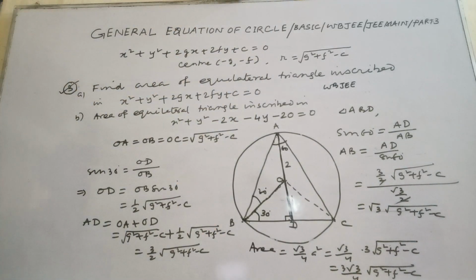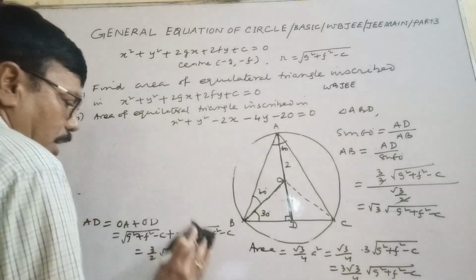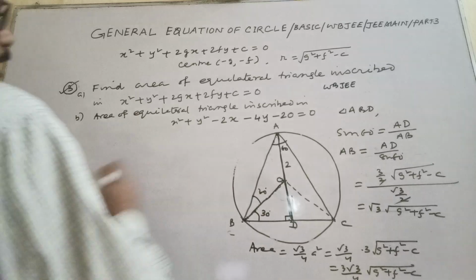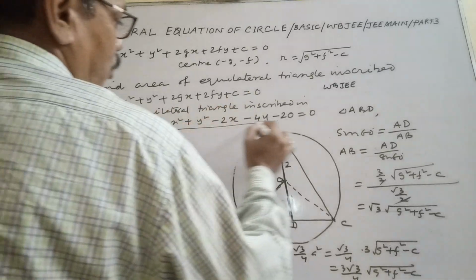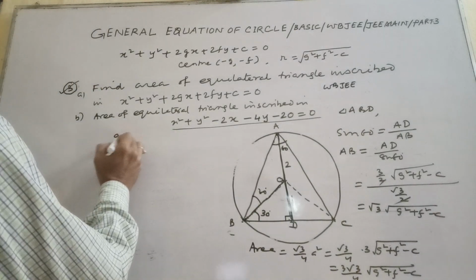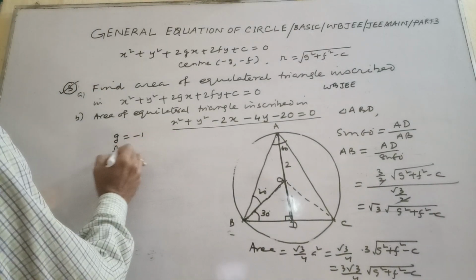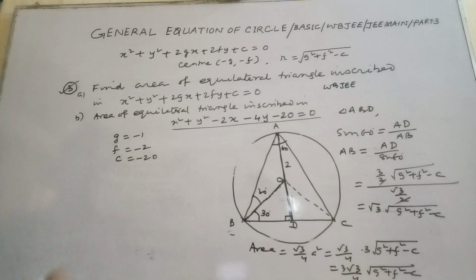Now look, what is the area of the equilateral triangle inscribed in this circle? What is g? g is minus 1, f is minus 2, c is minus 20.